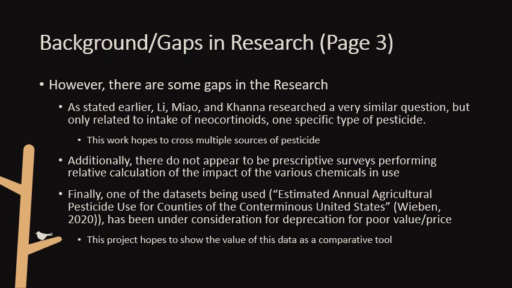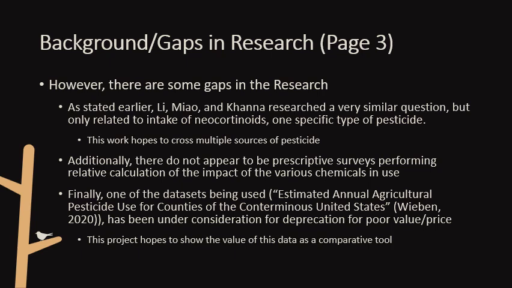Additionally, one of the other things we're hoping to accomplish is that one of the data sets we're going to be using, a thing called the Estimated Annual Agricultural Pesticide Use for Counties of the Coterminous United States, that survey is under attack as not being able to provide useful analytic value in exchange for the cost of assembling the data each year.